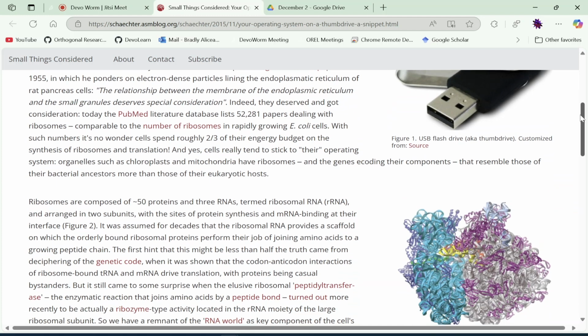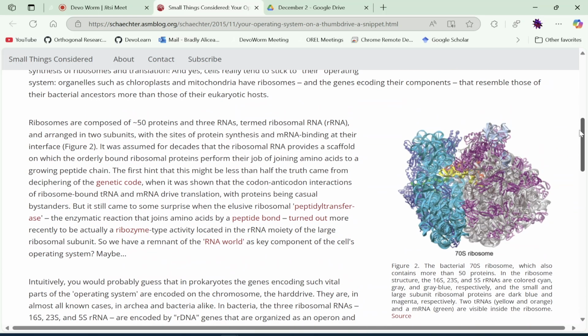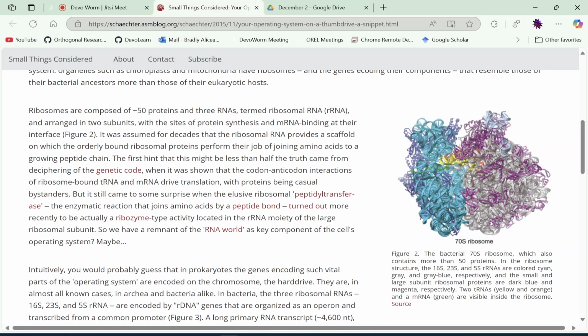But anyways, continue on here. The ribosomes are arranged into subunits, and the subunits differ between prokaryotic cells and eukaryotic cells, with the sites of protein synthesis and mRNA binding at their interface. It was assumed for decades that the ribosomal RNA provides a scaffold on which the orderly bound ribosomal proteins perform their job of joining amino acids to a growing peptide chain.